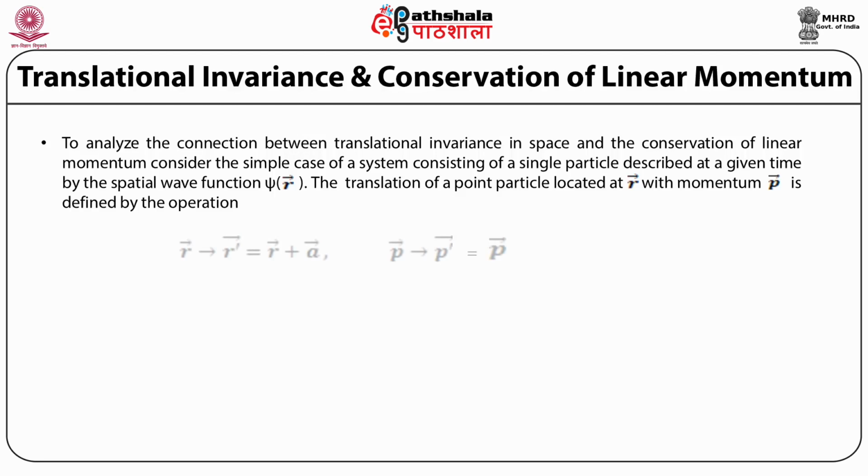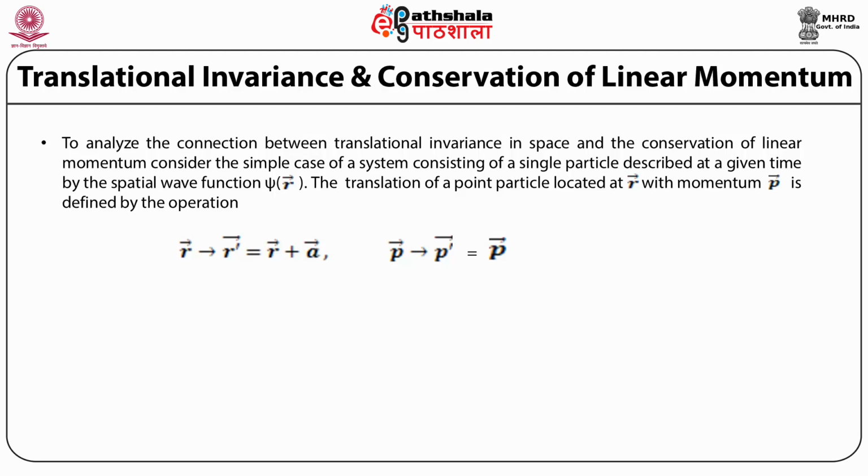The position vector r goes to position vector r prime, where r prime is equal to r plus position vector a. Similarly, the translation of the momentum vector from p to p prime is given as p prime is equal to p. That means that the momentum vector remains unchanged under this translation.